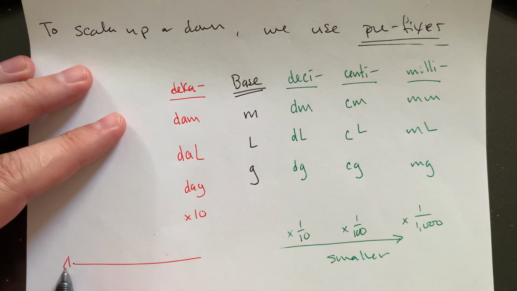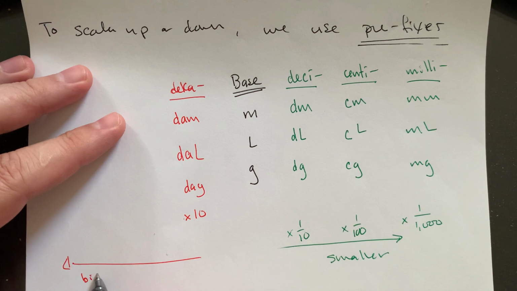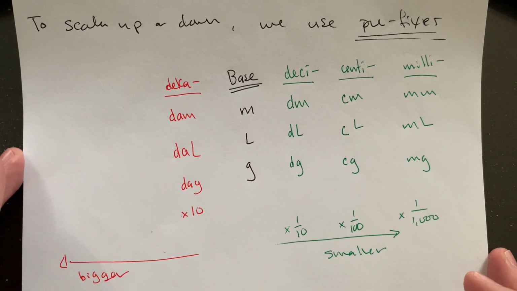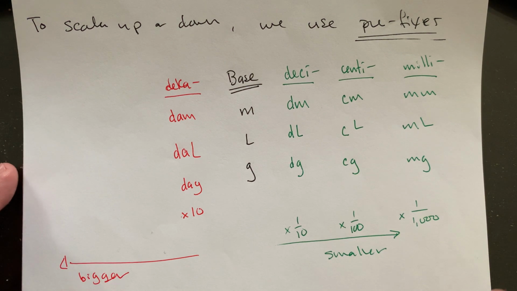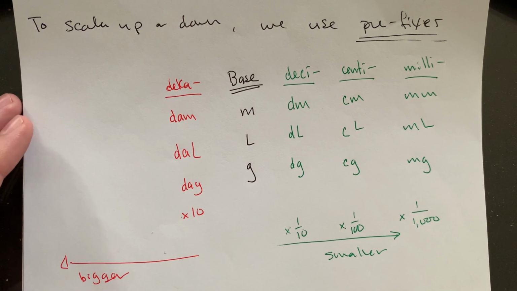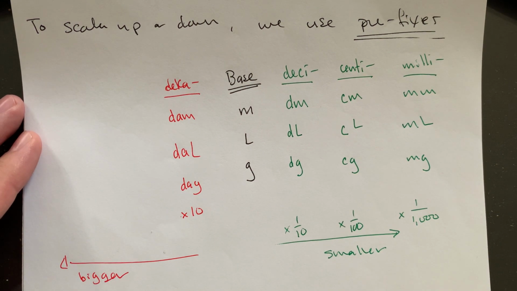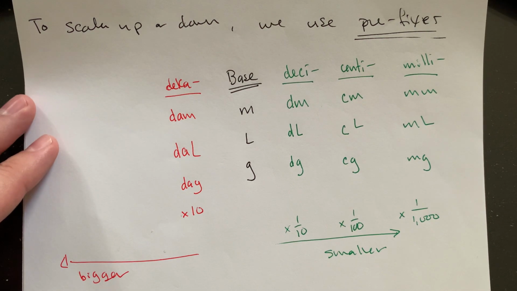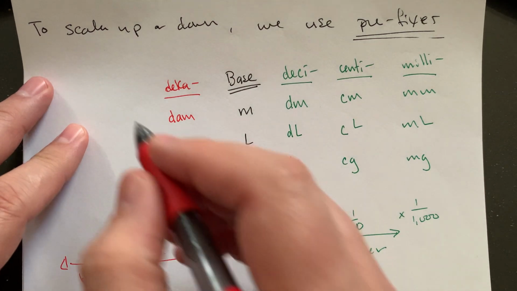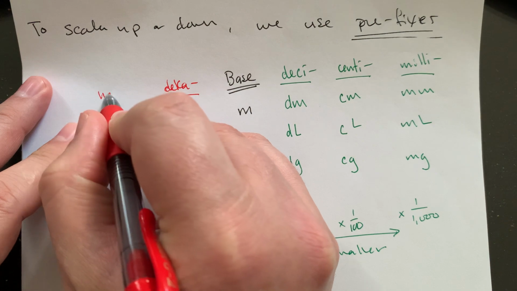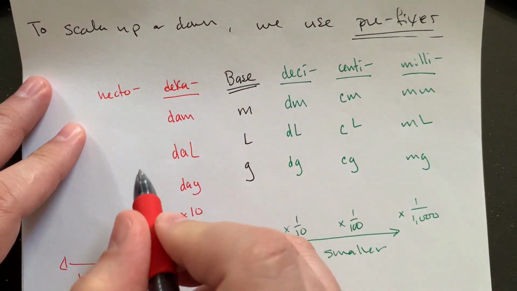So if we move this direction, the size of the units are getting bigger and bigger. So deca is 10 times whatever your base unit is. So a decaliter is 10 liters, a decameter is 10 meters, and so on and so forth. If we go up another 10, we're going to get to hecto.